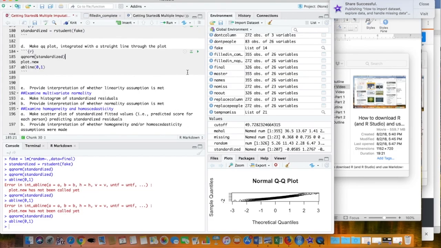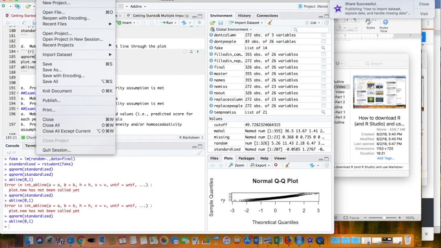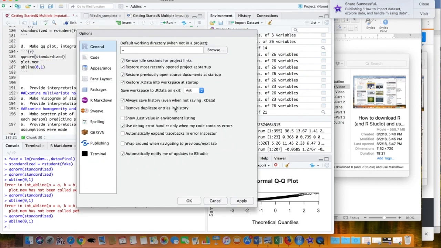Alright, I figured out what was going on before. I was getting an error message because the QQ plot was not coming up over here in the plot window, but it's coming up over here in the place where you would put in the code. So it turns out that for some reason something had changed.